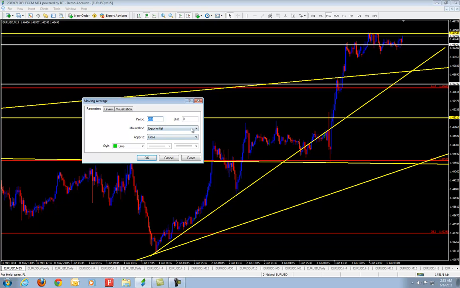All my moving averages, like I said, are exponential, and they're all applied to the close, so you're not going to have to vary your settings from one moving average to the other. Some people use a combination of exponentials and simples, and some people use a combination of close settings or open. But for me, they're all exponential, and it's all based on the close. So here's your 233.